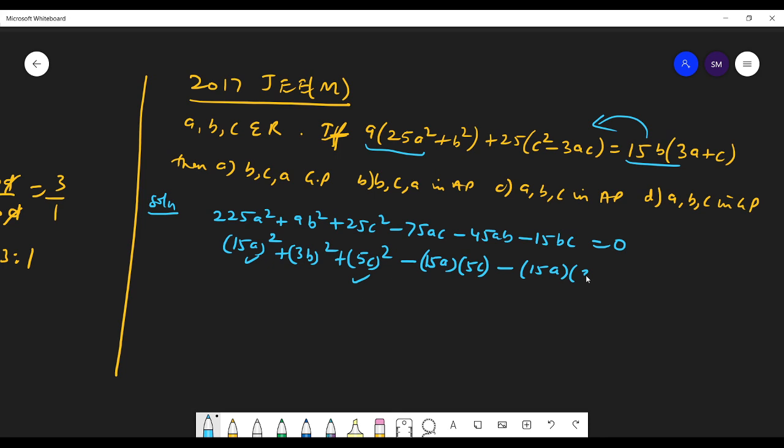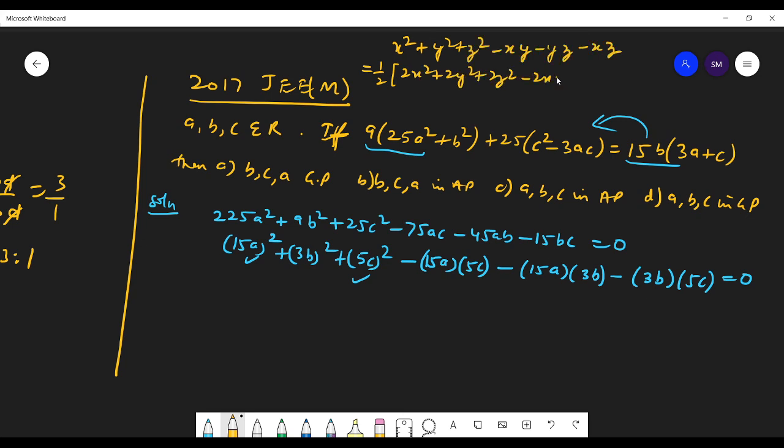Using the identity: x square plus y square plus z square minus xy minus yz minus zx is half into 2x square plus 2y square plus 2z square minus 2xy minus 2yz minus 2xz.